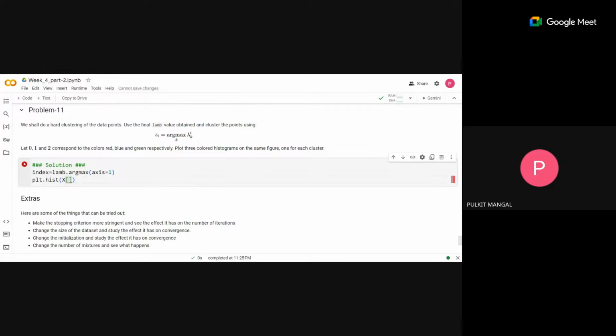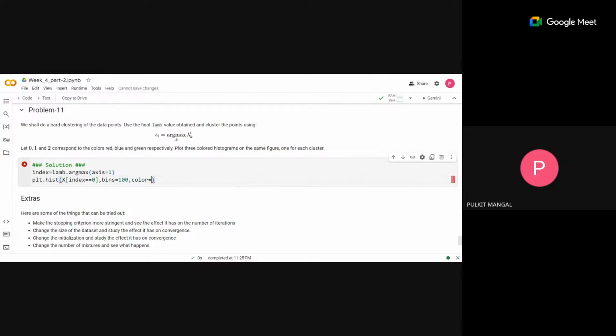So from the x, I will take all the elements where the index value is 0. I hope you remember this slicing method. The next is just the bins that we will define, and the next is the color.